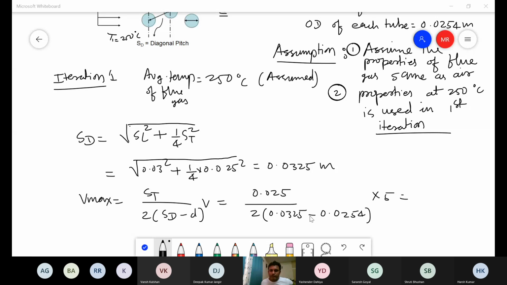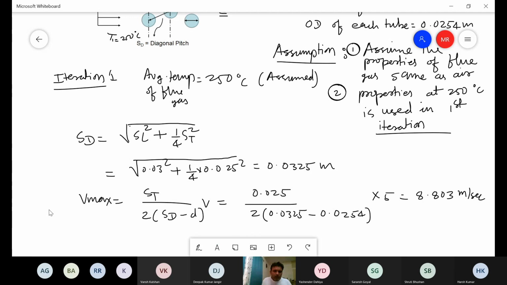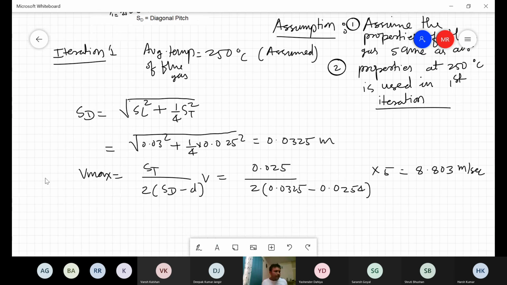So this comes around 8.803 meter per second. Correct.